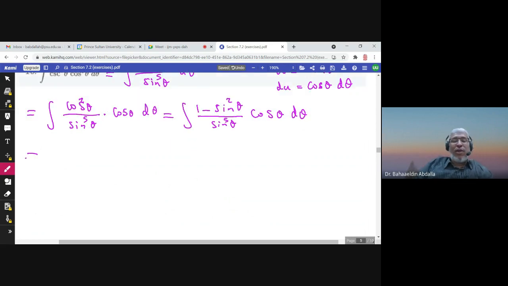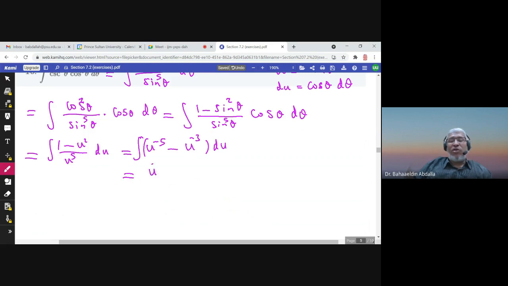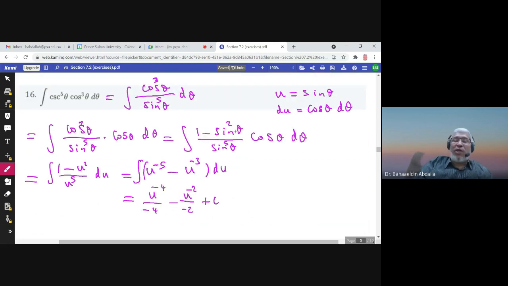So it would be 1 minus u square over u to the power 5 times du. And you distribute the numerator over the numerator. 1 over u to the power 5 is u to the power negative 5. And u square over u5, subtract the powers. 2 minus 5 is negative 3 du. And I believe you can just add 1 to the power and then change u to sine theta.